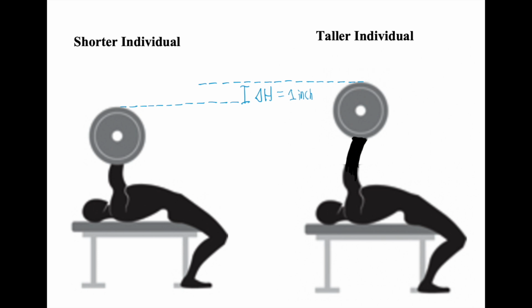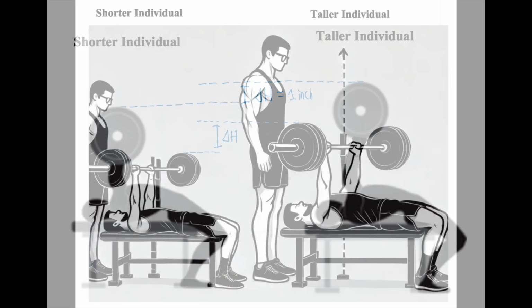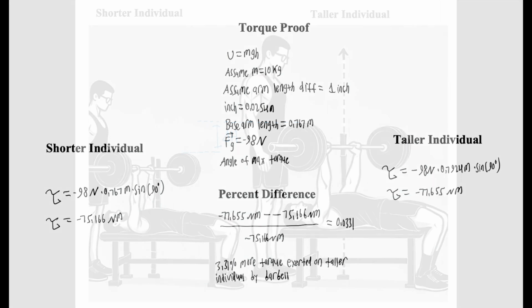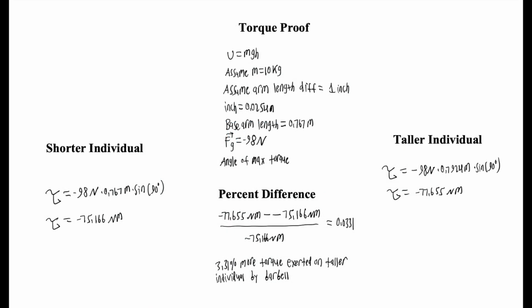So, an overall difference of 1 inch. Through our calculations, we were able to determine that this 1 inch difference in limb length, while seeming insignificant, directly corresponded to around a 3.3% increase in energy expenditure and general difficulty for the taller individual during the bench press.